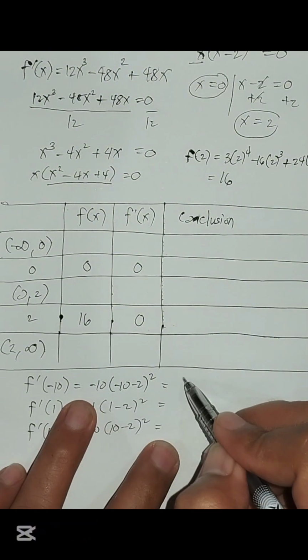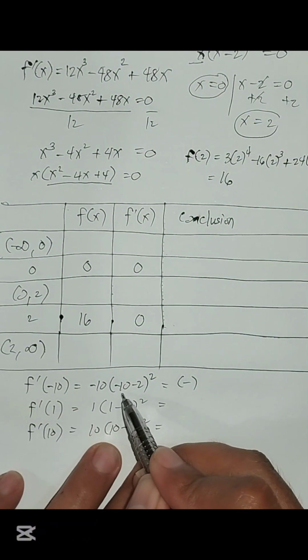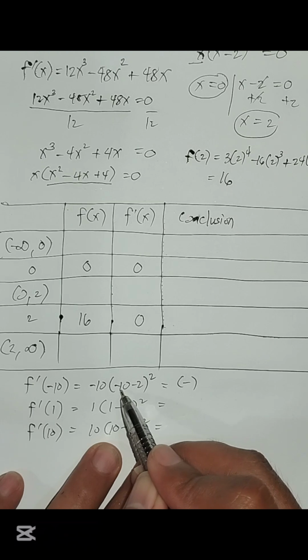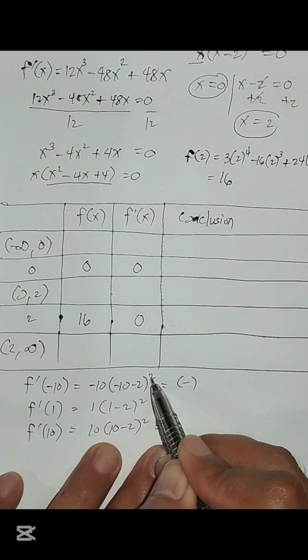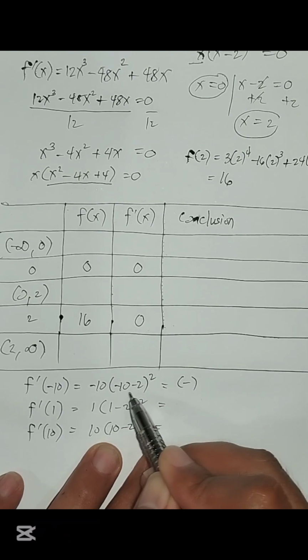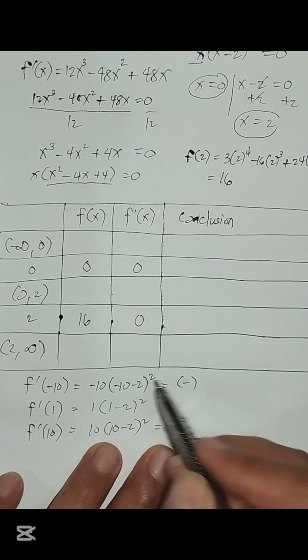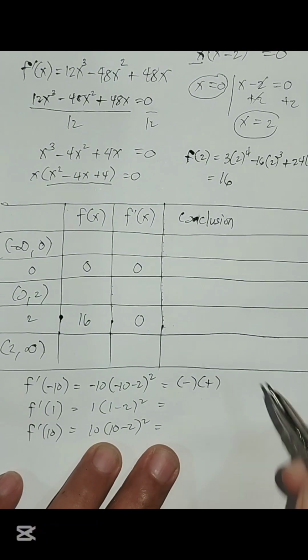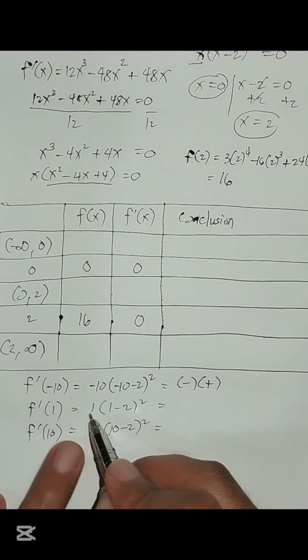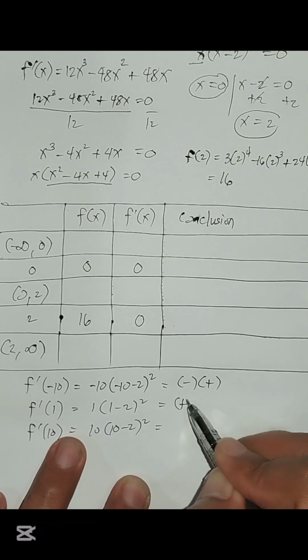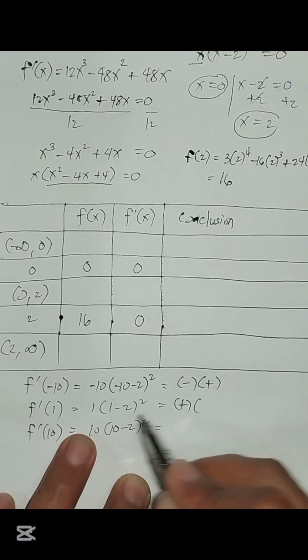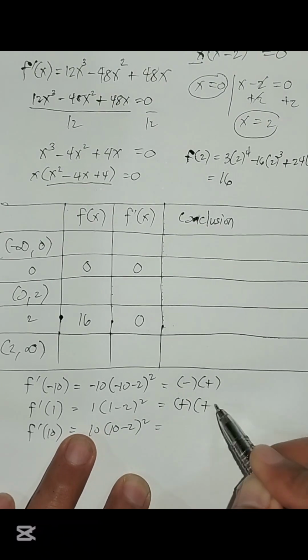Okay, so let's solve the sign. For negative 10, we have negative. This part will always be positive because it's negative 10 minus 2, and then squared. Whatever the sign of this, when we square it, the answer is always positive. So we have negative times positive. For this part, we have positive 1, and squared, the answer is always positive.